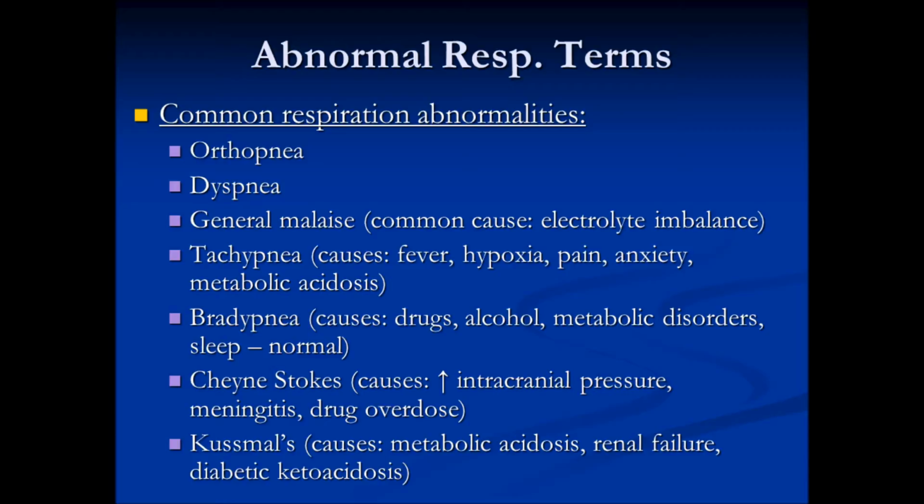Dyspnea, you already know what that is. General malaise is a term that is used when the person just doesn't feel right. They just don't feel good. Can't really describe it. That's usually called general malaise. And that is an indicator of electrolyte imbalance.